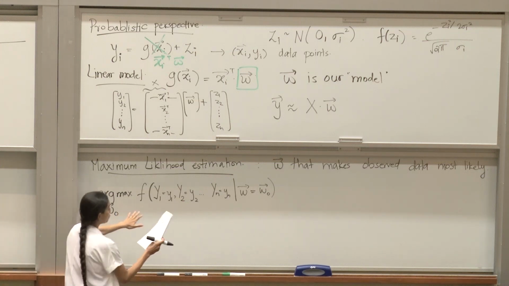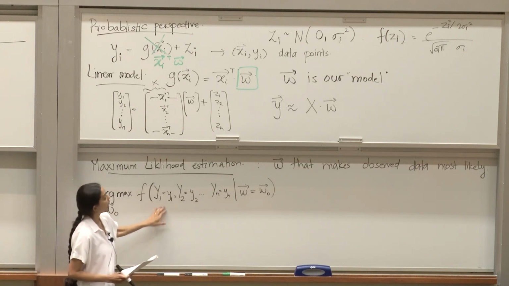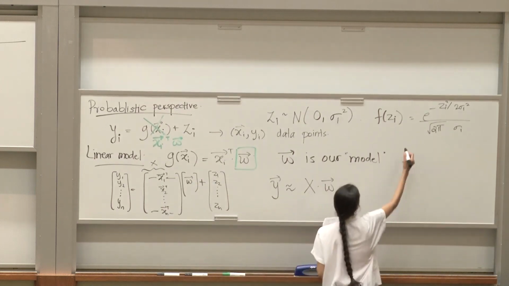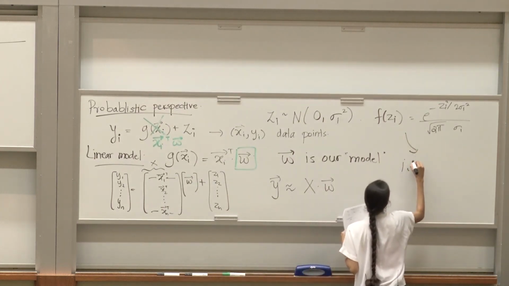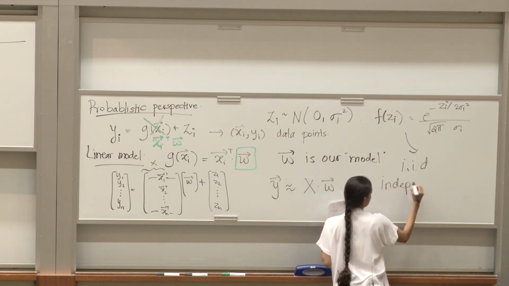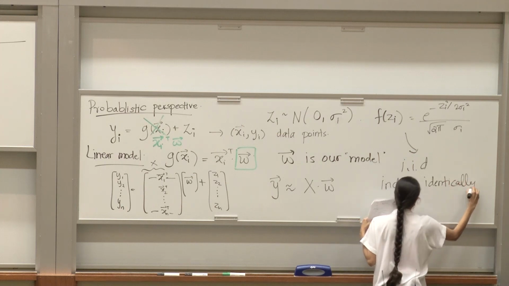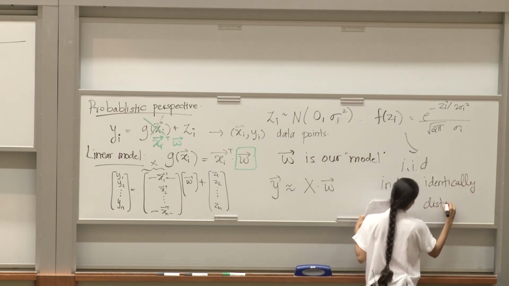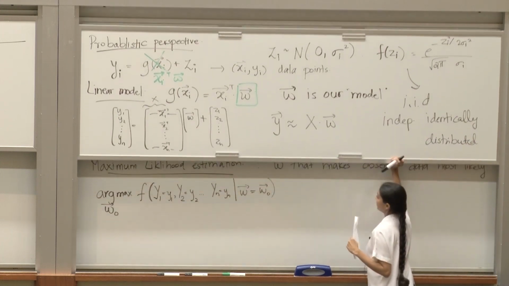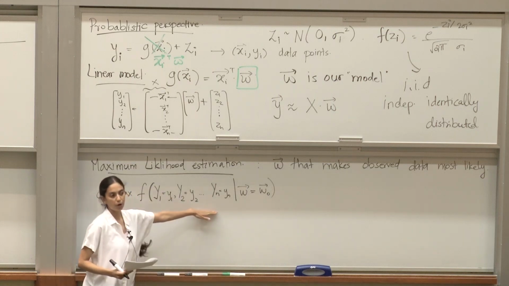Okay, so let's do this calculation. I'm assuming that my noise points are all IID, which means independent, identically distributed. And this independence is something I'm going to use to process this density.